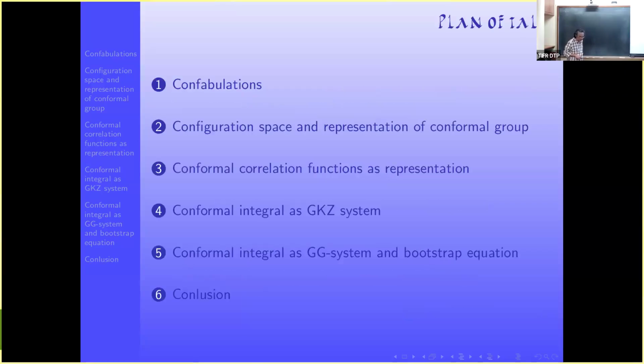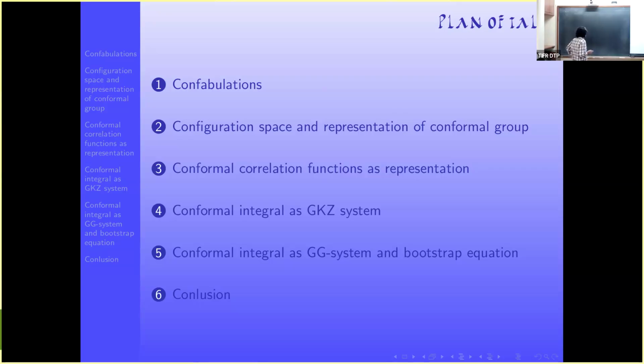So here is the plan. I'll start with some very vague, non-rigorous statements, which almost everyone knows, I guess, about the thing that we want to do in the conformal bootstrap program. Then I'll talk about configuration space of points and representation of the conformal group.